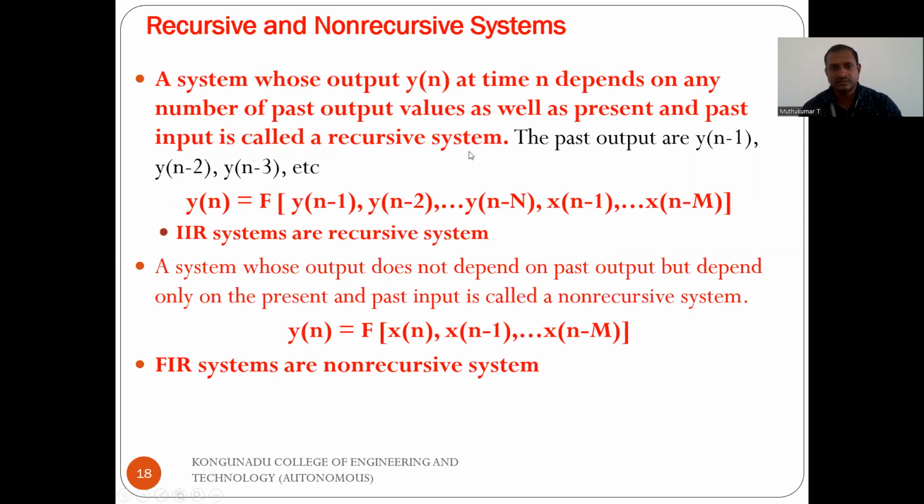Examples are y(n minus 1), y(n minus 2), y(n minus 3), which are past outputs. The output is a function of y(n minus 1), y(n minus 2), up to y(n minus N), and x(n minus 1) and so on up to x(n minus M). An example of a recursive system is an IIR system; IIR filters are recursive systems.